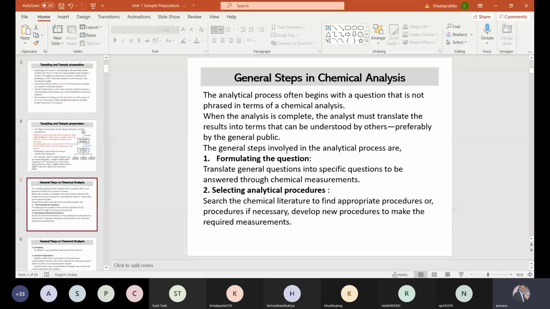That is what is intended here in showing you some general steps. See, the first step is formulating a question for a given sample. What does that mean?